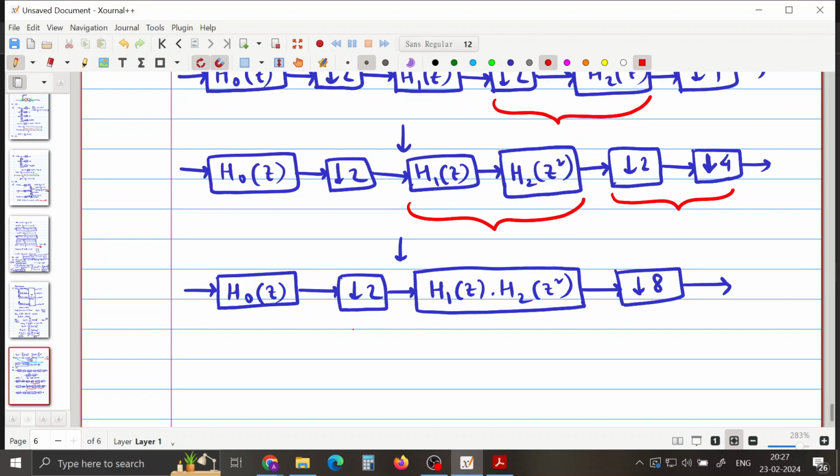And again, now once more we can use the Noble identities for these two blocks.